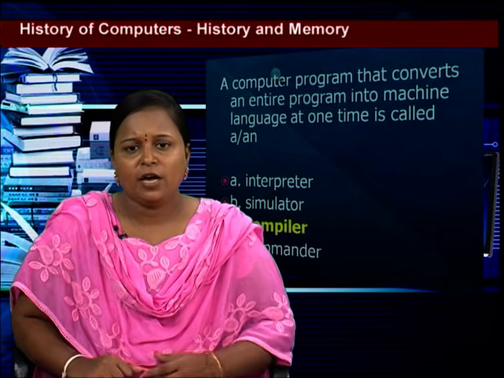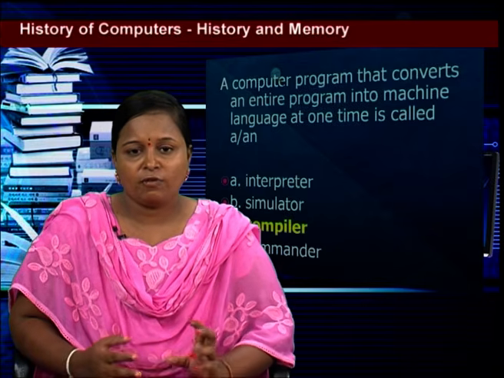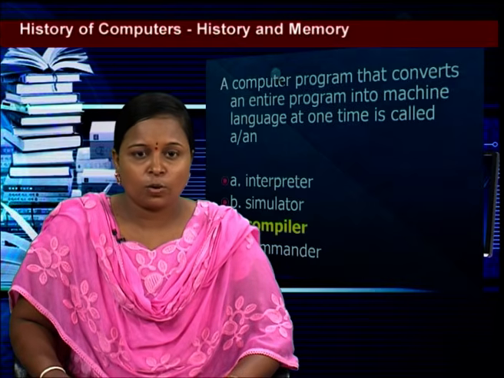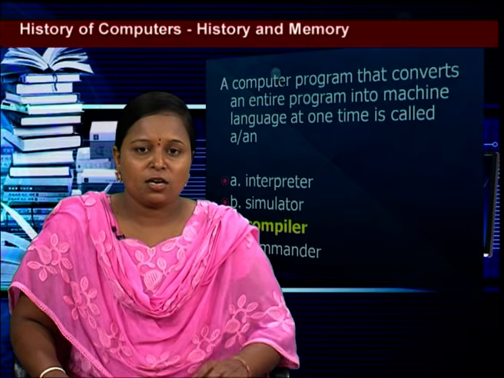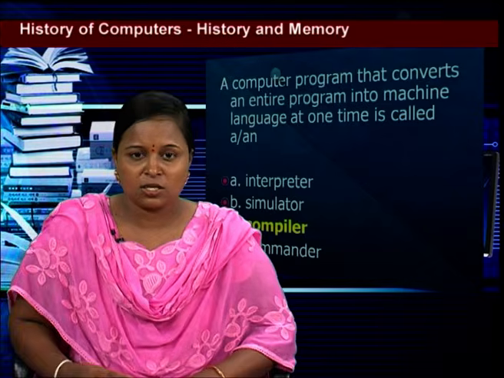A computer program that converts an entire program into machine language means converting. When writing programs, it is in language-oriented form, using commands, C instructions, C++ instructions, and program structure. After writing the programs, we have to convert them. Which type of conversion is there? Compiler and interpreter conversion.